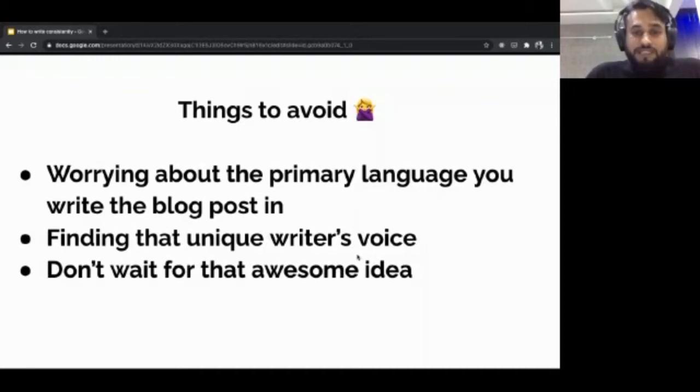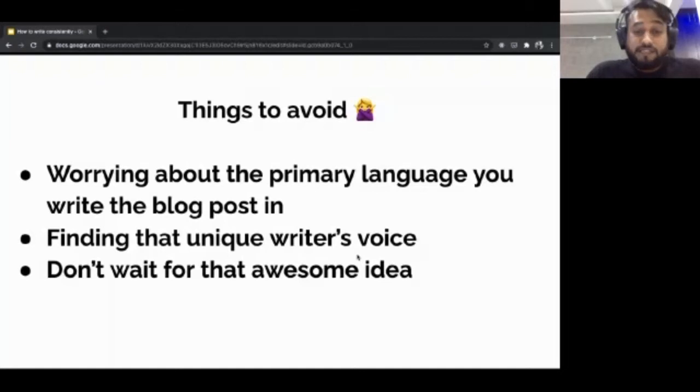Another thing that is common among writers is finding that writer's voice which is unique, but I don't consider it as something you have. It is something you develop, rather than thinking about it for a long period of time. I would say don't dwell on these things.